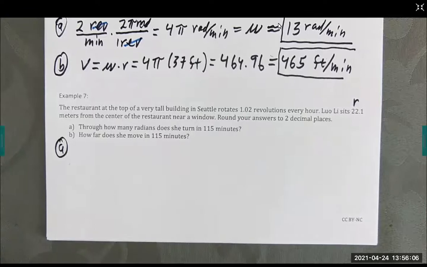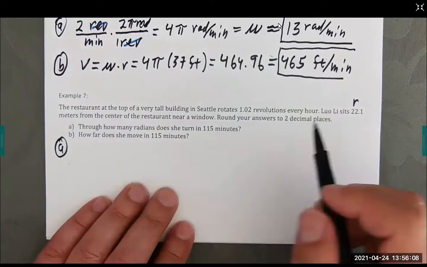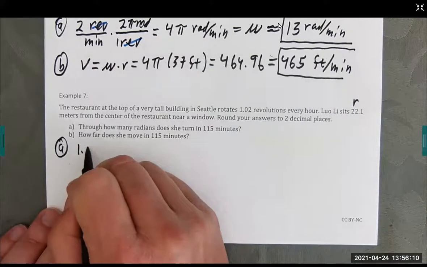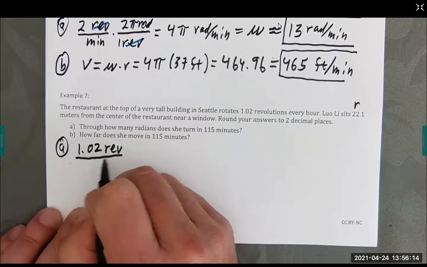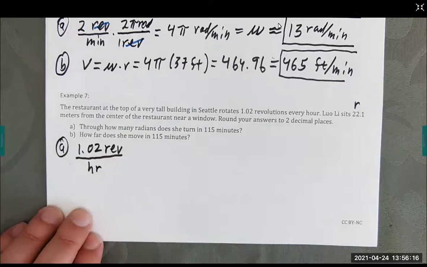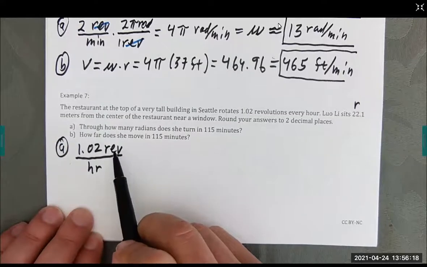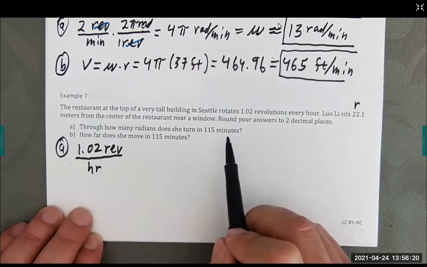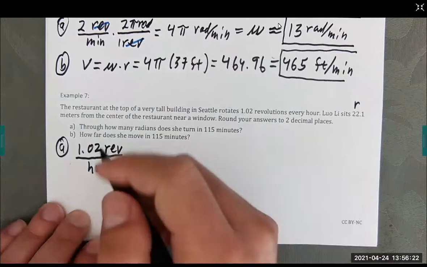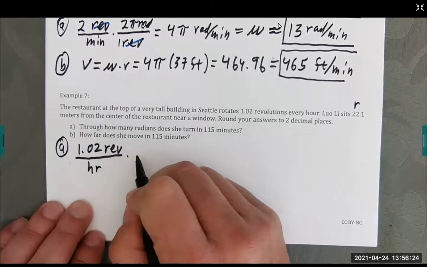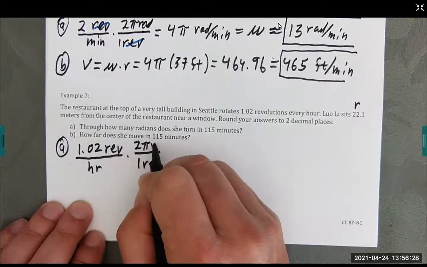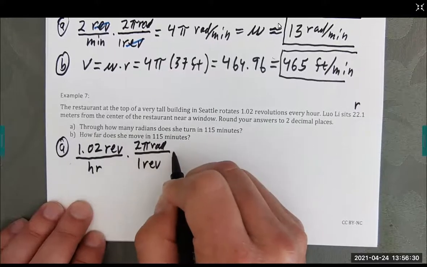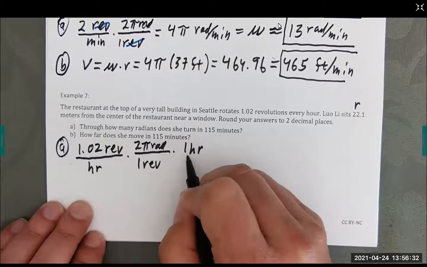So I'm going to notice that we have 1.02 revolutions. This is per hour. So I need to convert both the revolutions into radians and the hours into minutes. So 1 revolution is 2 pi radians. And I know that 1 hour is 60 minutes.